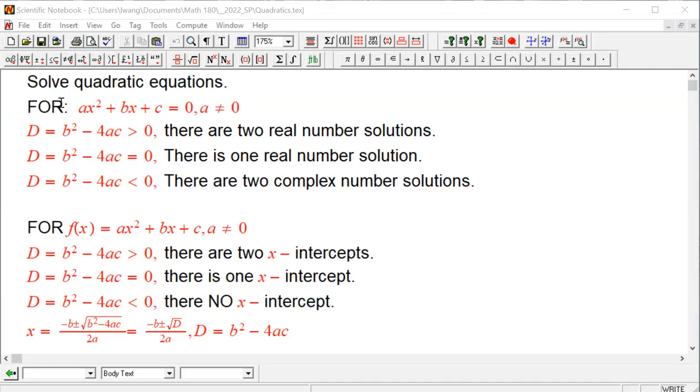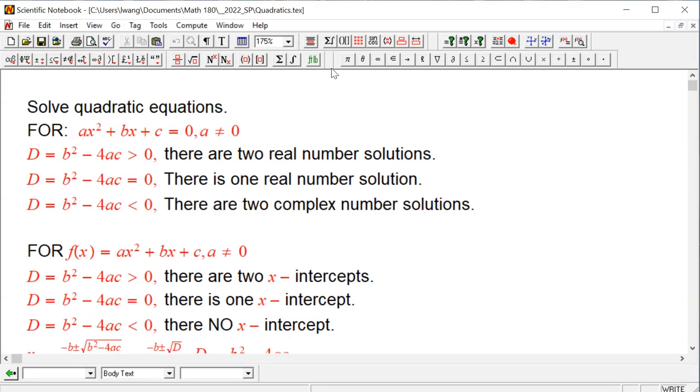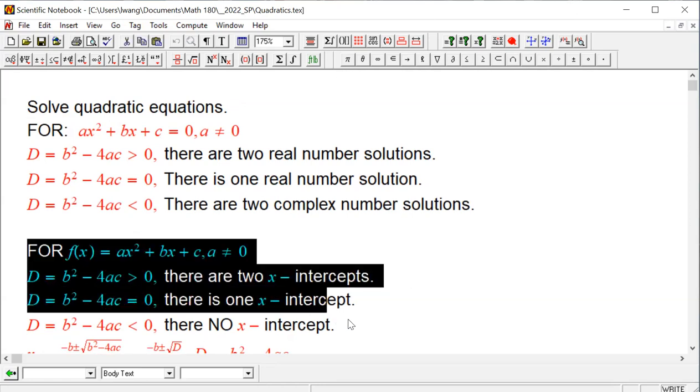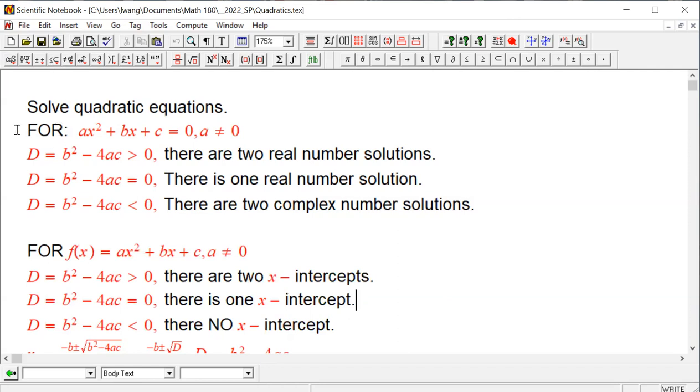Hello. In this lesson, we're going to talk about solving quadratic inequalities, right? In the past, we have covered quadratic functions, and we have also covered solving quadratic equations in the previous lessons. And this time, we're going to talk about solving quadratic inequality.